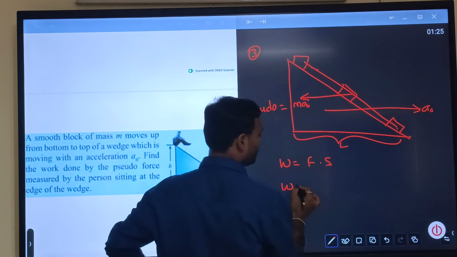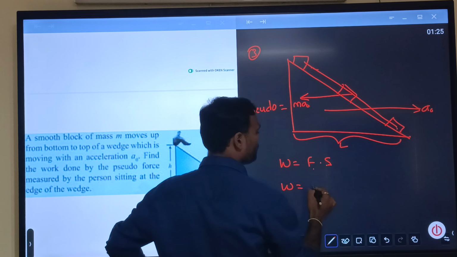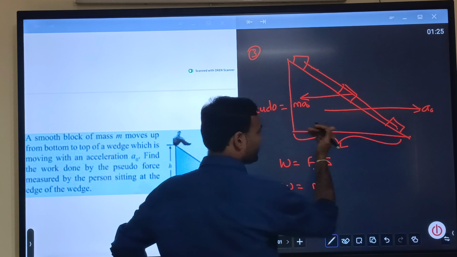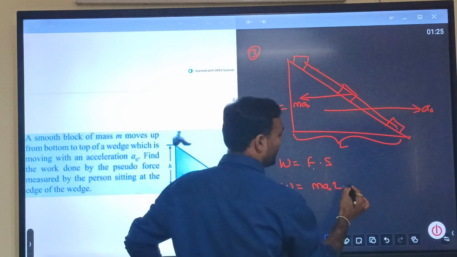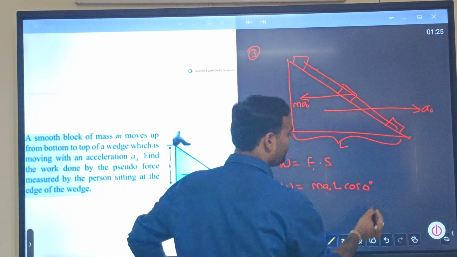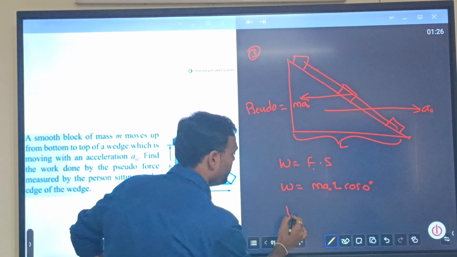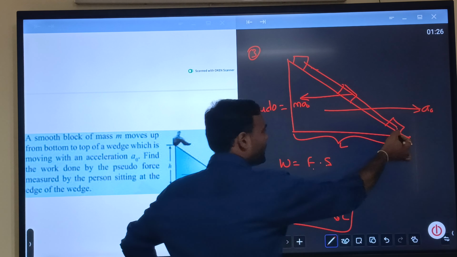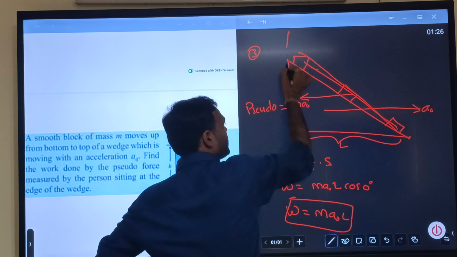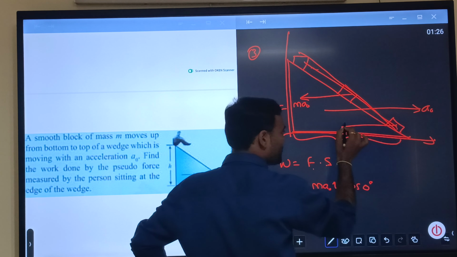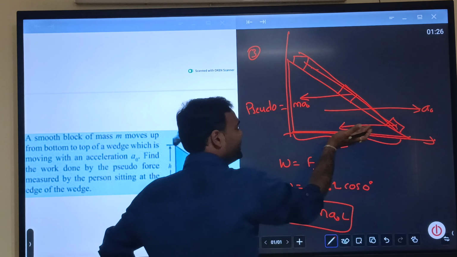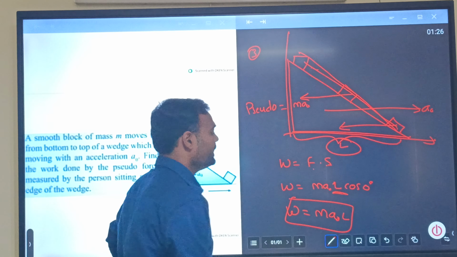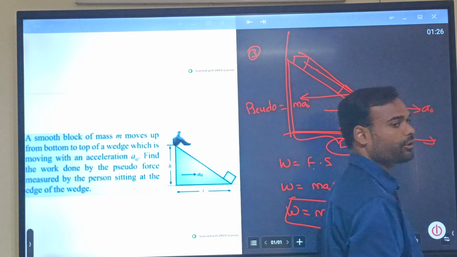Work done is the pseudo force m a naught in the leftward direction, and the displacement in the leftward direction is l, and the angle between force and displacement is 0 degrees. So work done by pseudo force in this case is m a naught l. Of course the object is moving in this direction, but on the x-axis, in the direction of force, the displacement of the object is l only. That's why we are considering l, and this is the work done by the pseudo force.